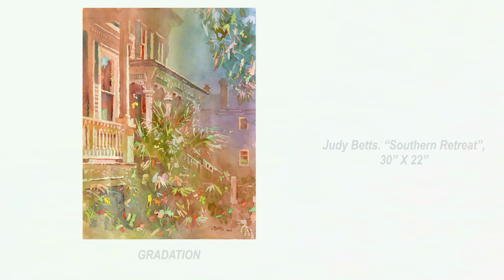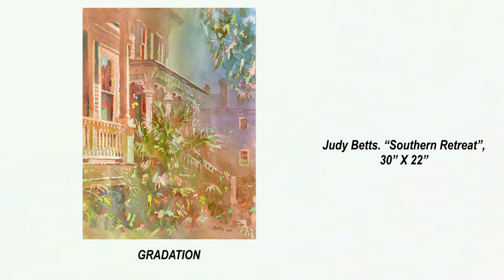Gradation is the visual technique of gradually transitioning from one version of an element to another. This has the effect of moving the eye across the surface of the artwork. In this painting by Judy Betts, she has masked out her light shapes.